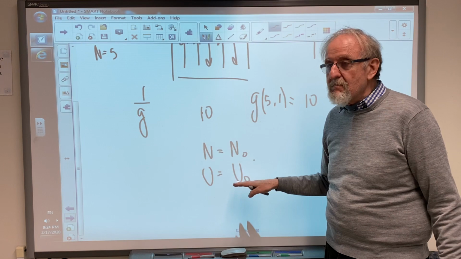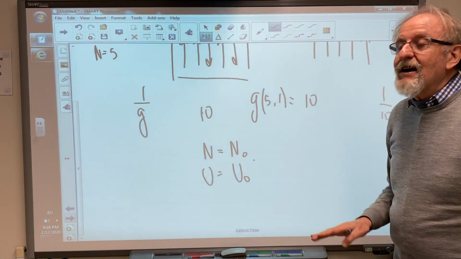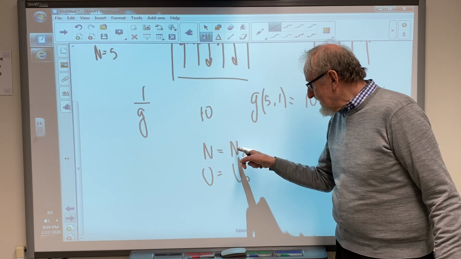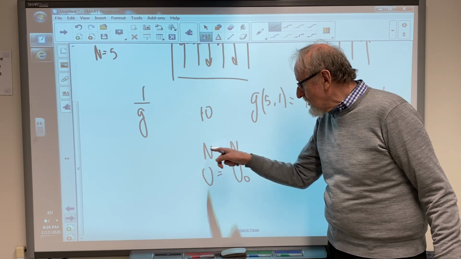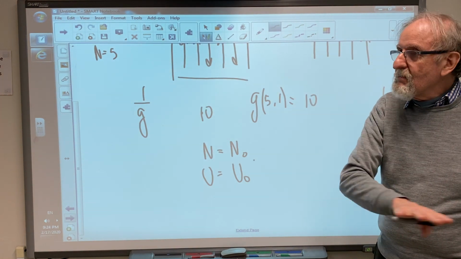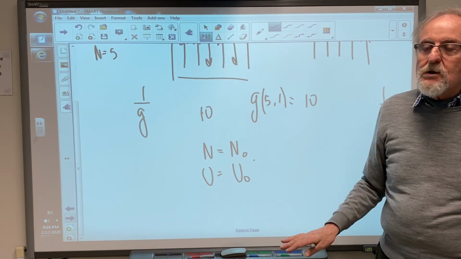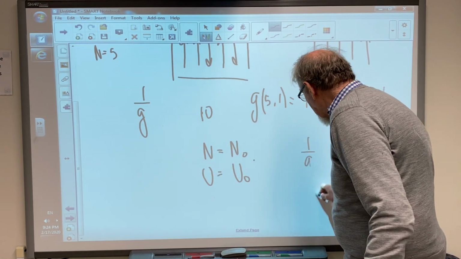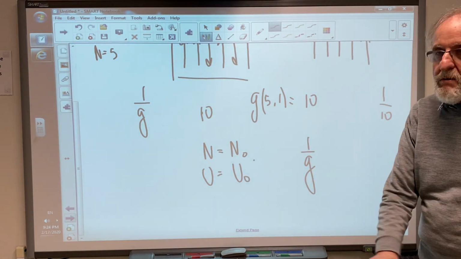But in principle, imagine. We say any possible microstate that has N equal to N0 and U equal to U0 is a possible state, and you have to take it with equal probability. So if there are g of them, each one has probability 1 over g, period.